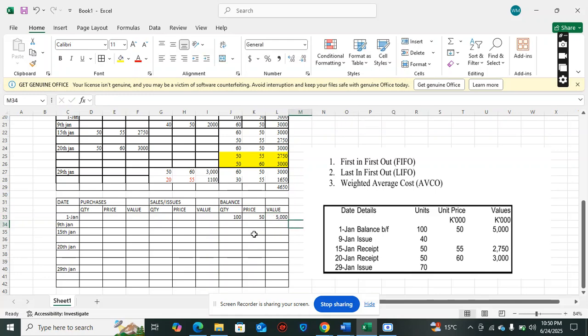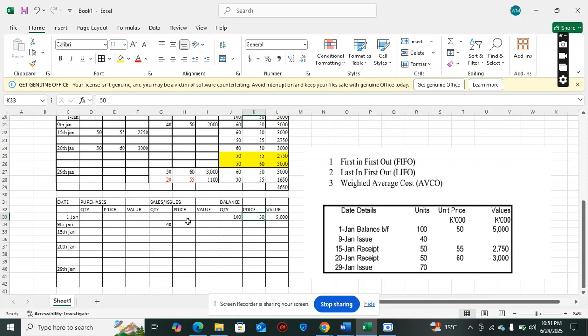Okay, the next we had an issue. 9th January issued 40 units. Okay, so here it's going to still be the same. All right, because as I said, here we've just got one batch. So if you want to find the average cost, if you just divide 5,000 by 100, you still get 50 kwacha here.